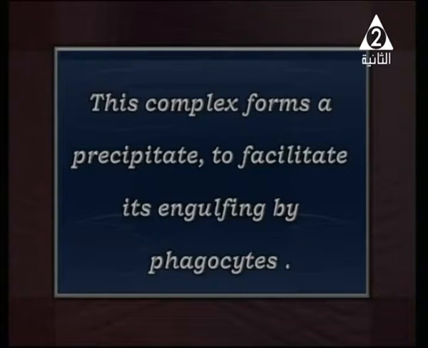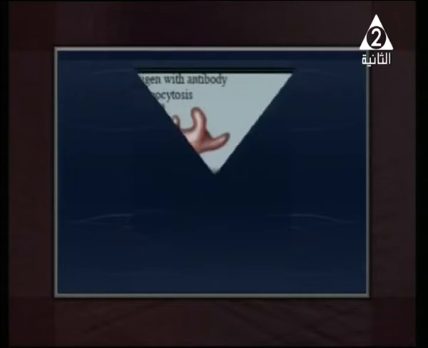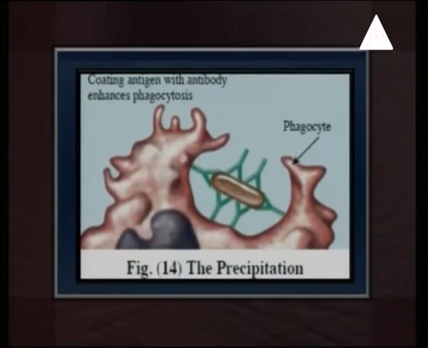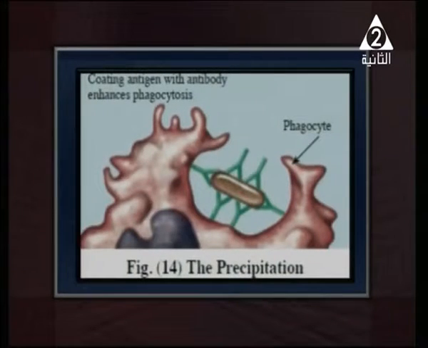Remember that all these actions on the pathogens make them more liable and more exposed to engulfing and destroying inside your body. This is a kind of precipitation. Here we have the phagocytes, and the coat of the antigen with the antibody that enhances phagocytosis, or engulfing.